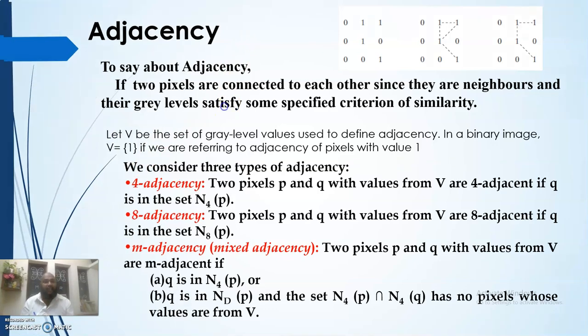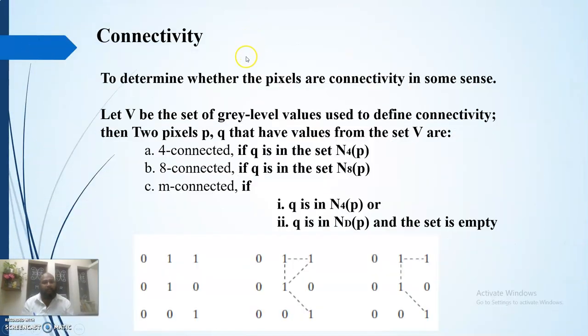Next we can see connectivity. In adjacency, the nearest neighbor has some similarity with our test pixel. So we have some connectivity, that is, we have some relationship with the nearest pixel.